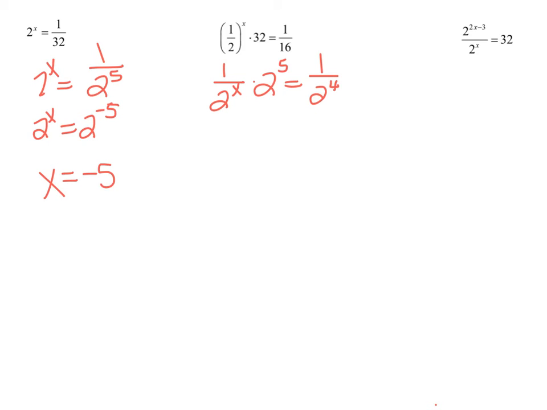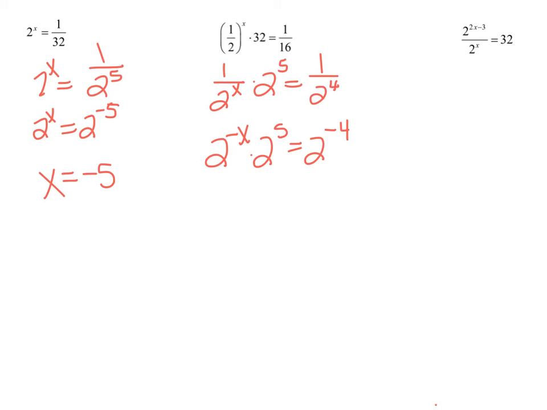So this, on the very left, the first term on my left side, remember if we want to change what side it's on, we can make the exponent negative, times 2 to the 5th. Same thing on the right side. If we want to change what side it's on, if it's on the denominator, we want to change it to the numerator. Make sure that exponent is negative. All right.